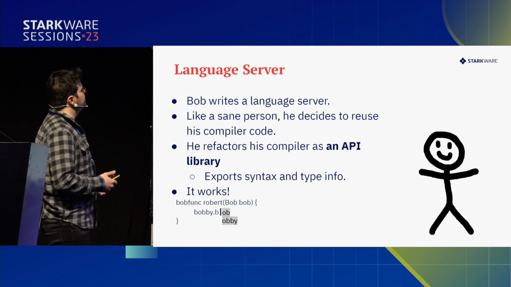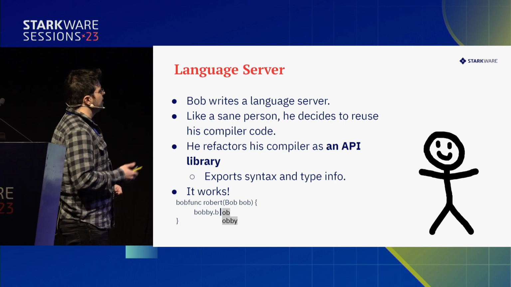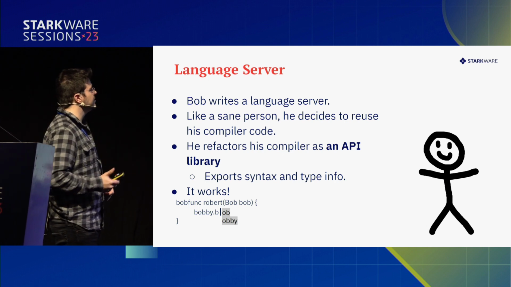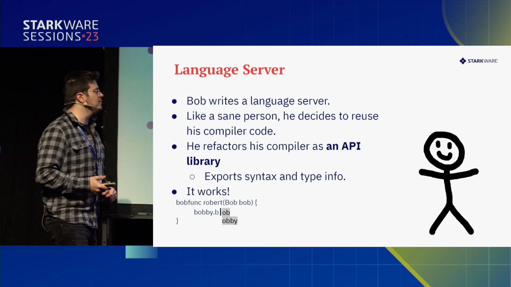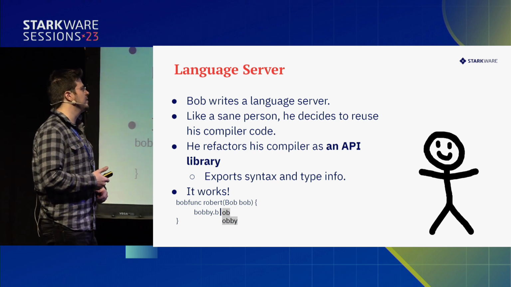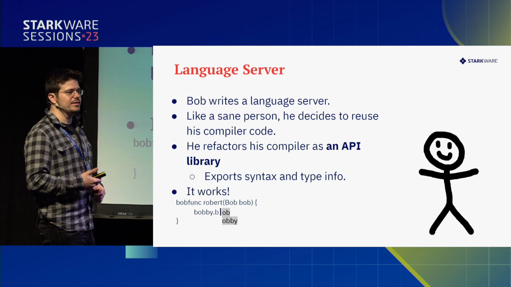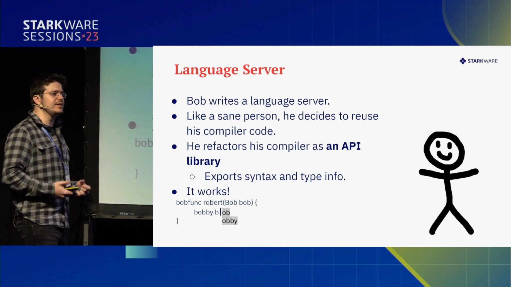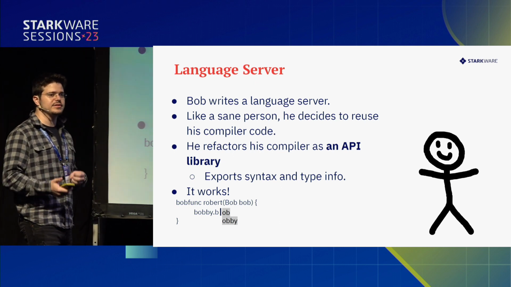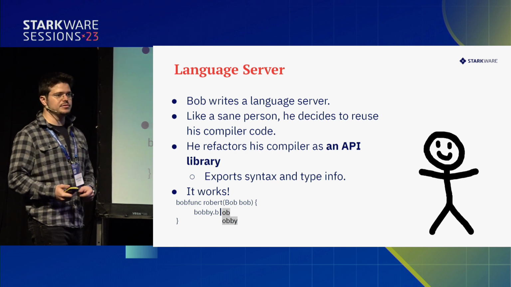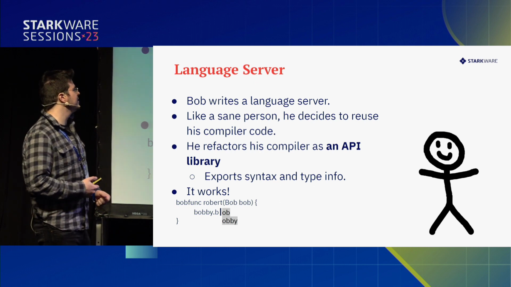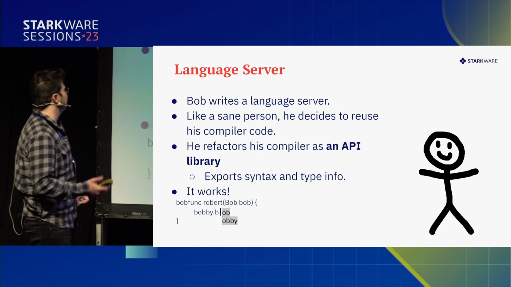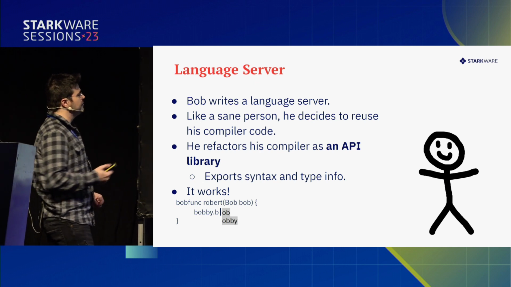All right, Bob writes a language server. Like a sane person, he decides to reuse his compiler code. One of the things that has been done a lot in the past is rewriting all the parsing and all kinds of semantic information for the language server. But it doesn't make any sense, so he decides to share his code. And he refactors his compiler.